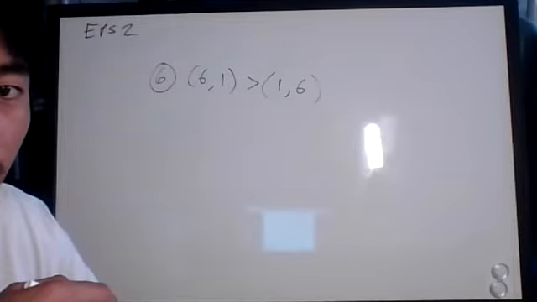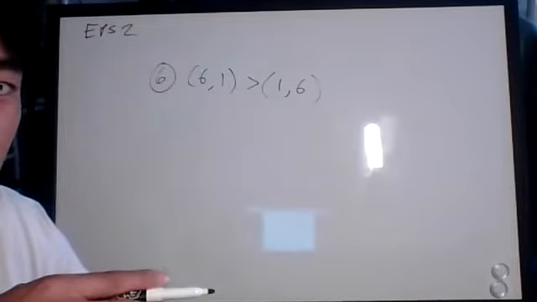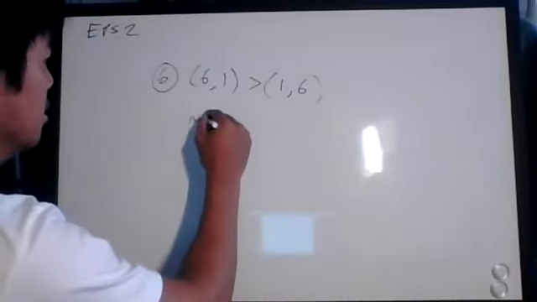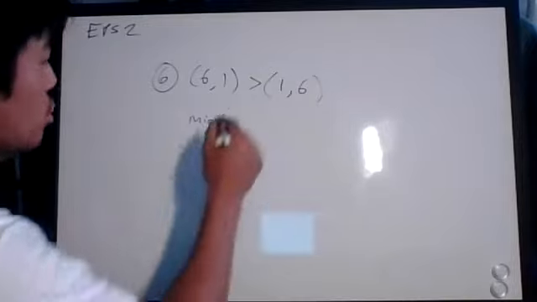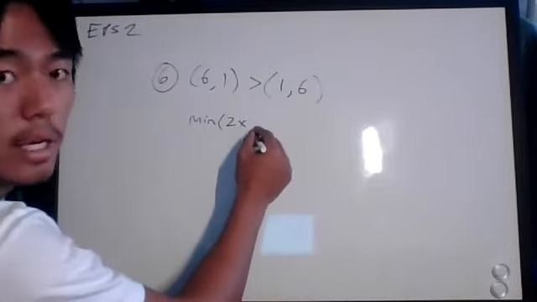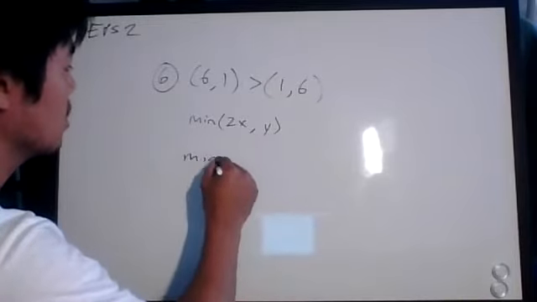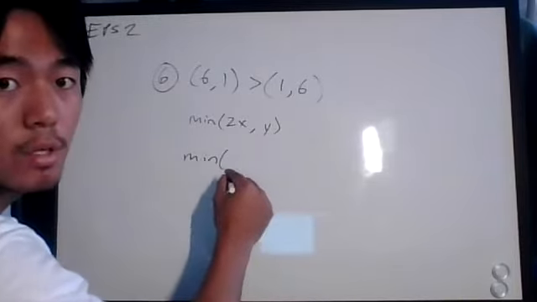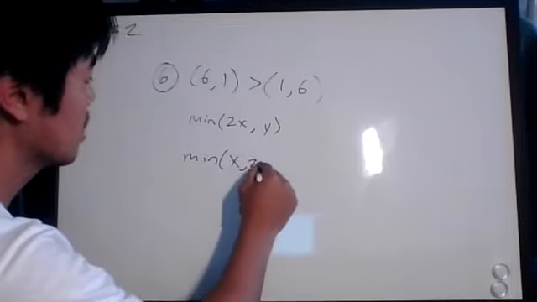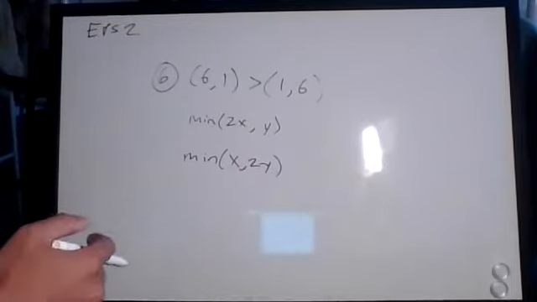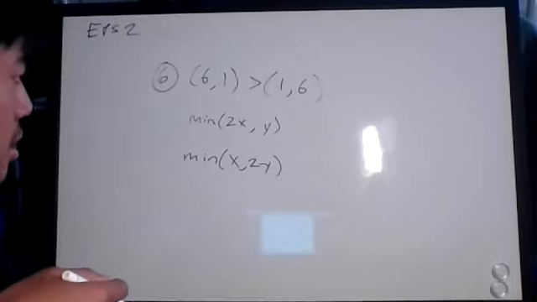So A and C right away can just be eliminated. And so we're left between the options min of 2x and y, or the min of x and 2y, okay? And I guess none of the above is an option.